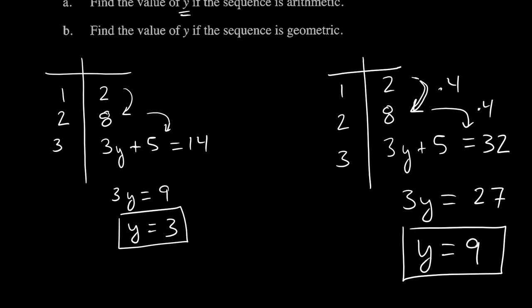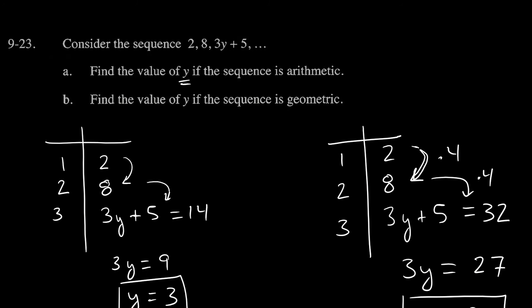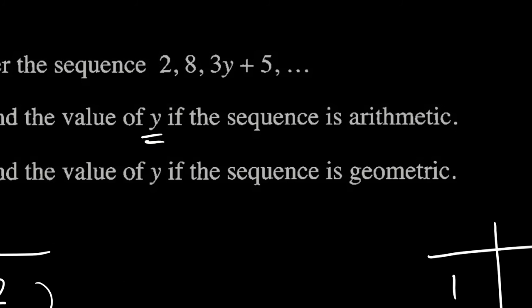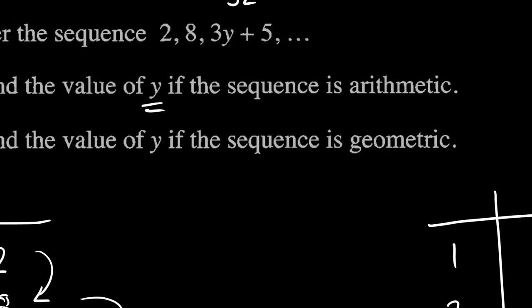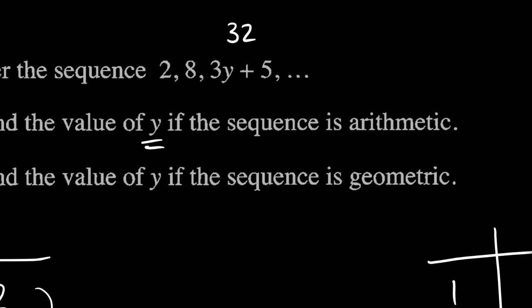So if y was 9, in this equation, this would be 32. And if y was 3, this would be 14. So you can see the sequence, if it was arithmetic, it would be 2, 8, and 14.